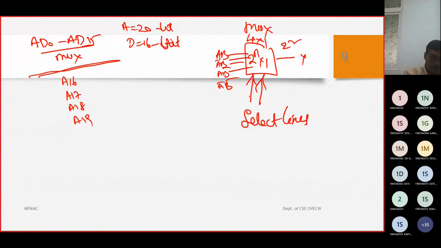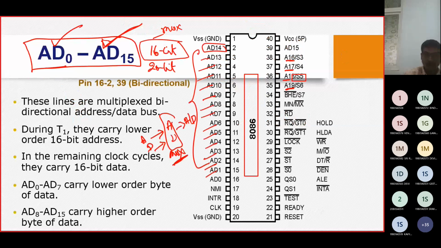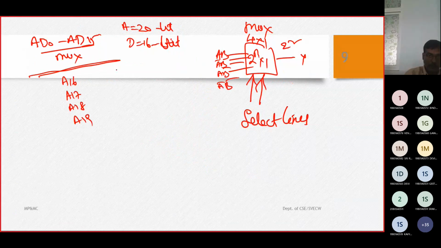Similarly, the chip is going to make a multiplexing of 4 items at this point of time. So it has select lines.